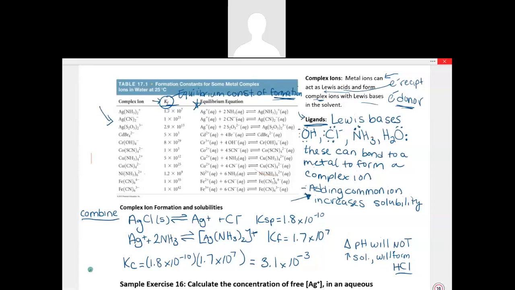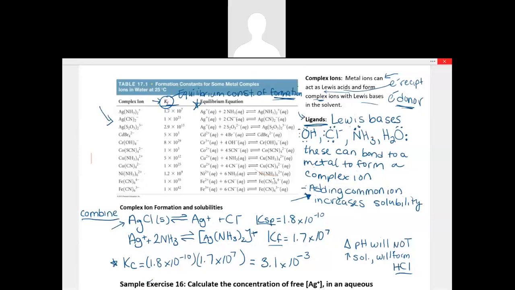So let's take a look at another example here, an introduction, where we have our silver chloride, which we should note is a slightly soluble salt. We're given a KSP value here, 1.8 times 10 to the negative 10th, and we also have our ionization equation. We're going to combine this equilibrium constant and this one in an equation and get a new equilibrium constant to tell us the concentration.